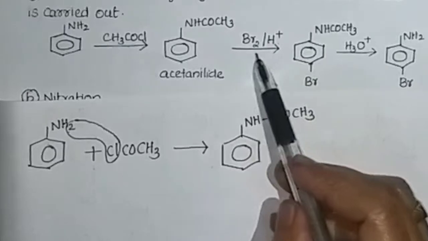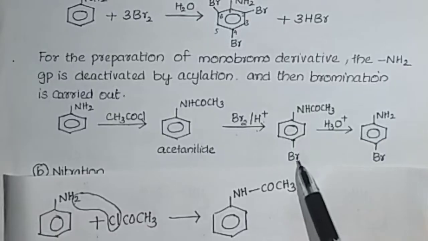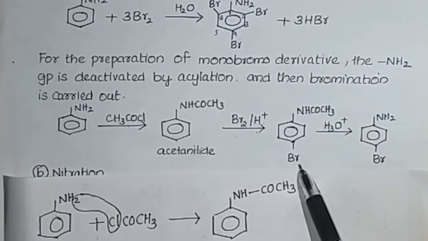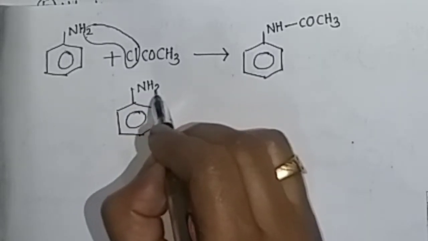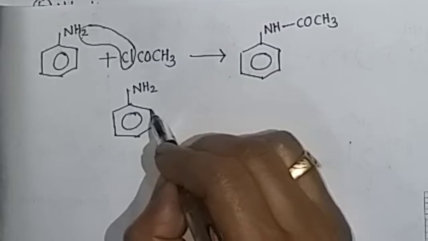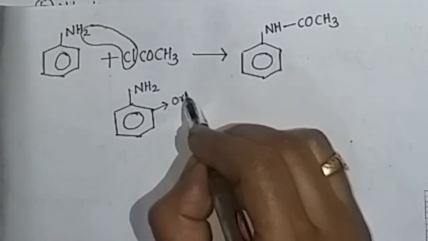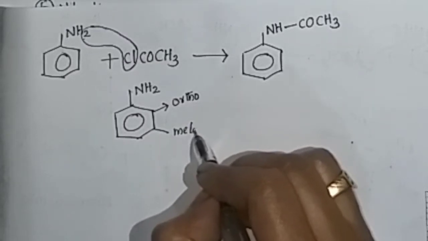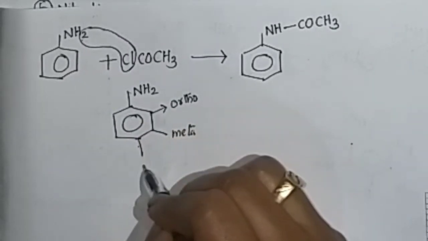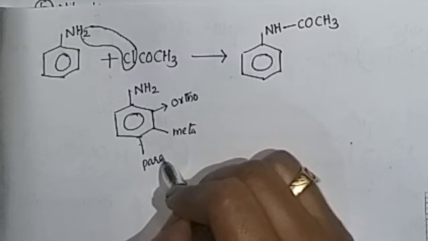Then we carry out the bromination, and we get only the para substituted product. Para means, you know, this is aniline. The adjacent carbon atom position is known as the ortho position. This is known as the meta position. Just opposite is known as the para position.